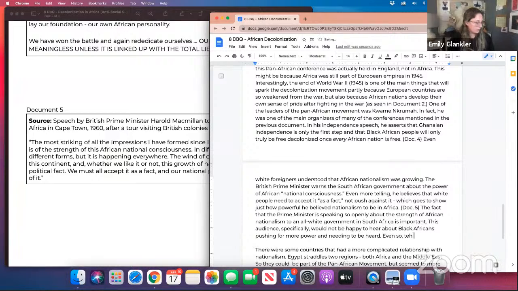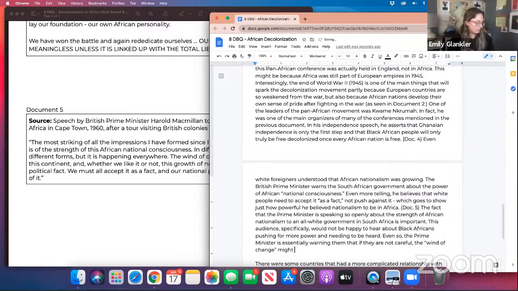Even so, the Prime Minister is essentially warning them that if they are not careful, the wind of change might topple their apartheid system, right? So that's an example of intended audience where you know who he's talking to and it's interesting.